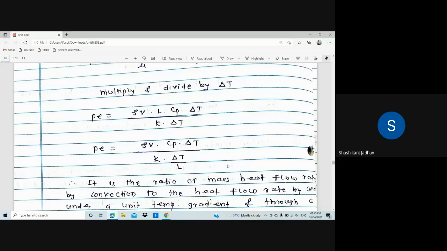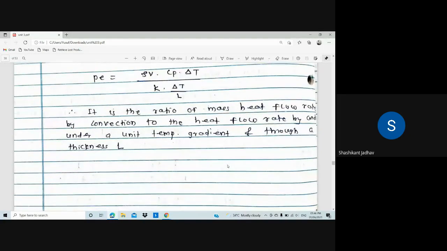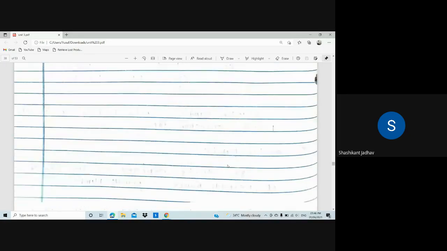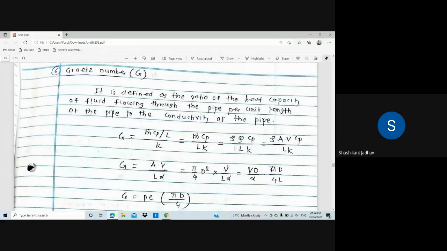What is the definition of the Peclet number? It is the ratio of mass heat flow rate by convection to the heat flow rate by conduction under a unit temperature gradient and through a thickness L. Okay, so this is the definition of the Peclet number.